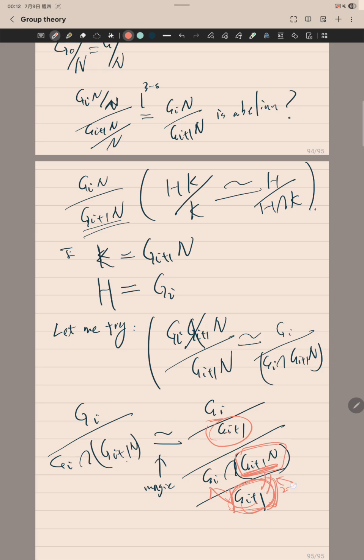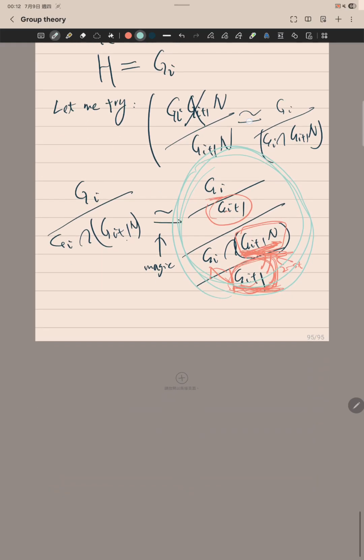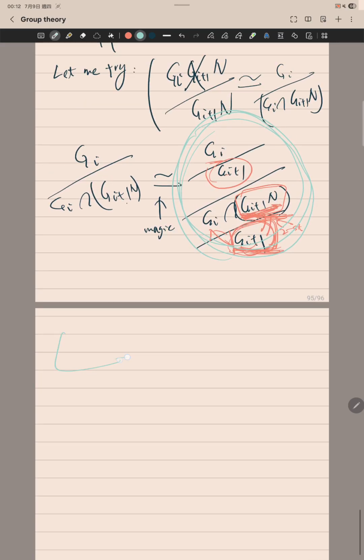I think for this one you need to use the second isomorphism theorem. Because N is a normal subgroup of G, using the second isomorphism theorem, G_{i+1} is a normal subgroup of G_{i+1}N. So this shows that this group is actually a quotient group of G_i quotient G_{i+1}, because it's G_i quotient G_{i+1}, quotient something.